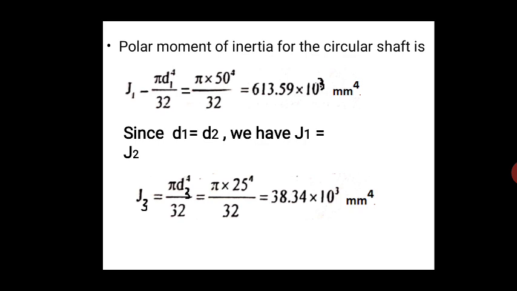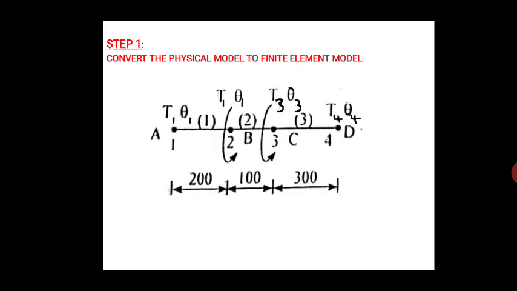So here the first step is to convert the physical model to the finite element model. Now let us write the finite element model, which includes only nodes and elements, and here the total body is divided into 3 elements. Element 1 has a length of 200 mm, element 2 of 100 mm, and element 3 is of 300 mm length.